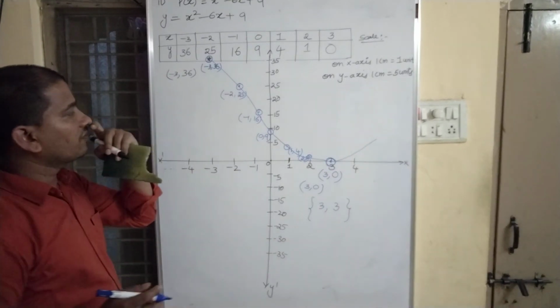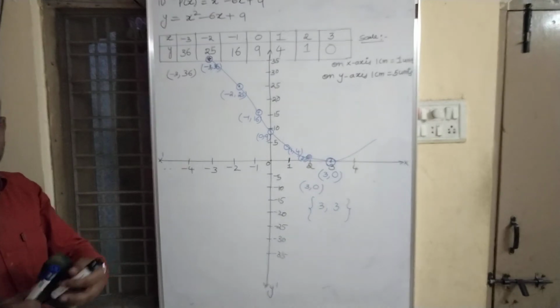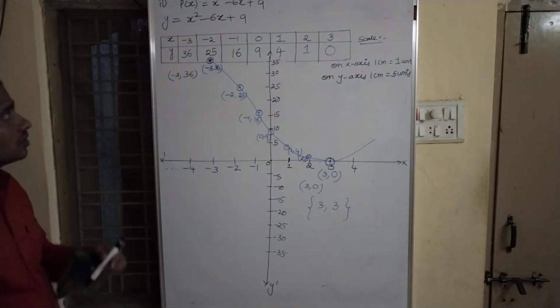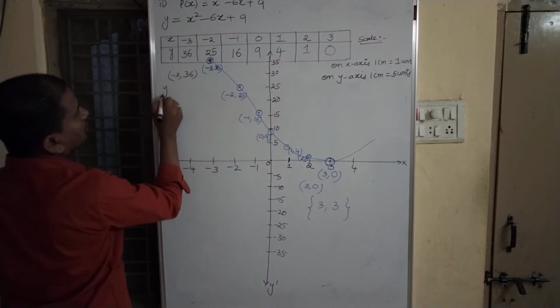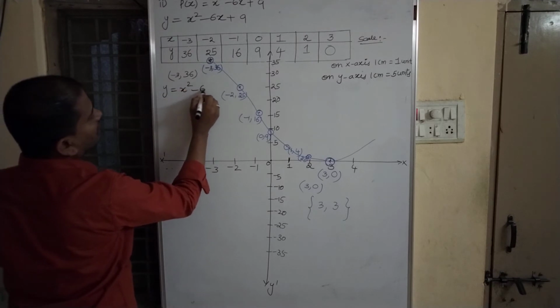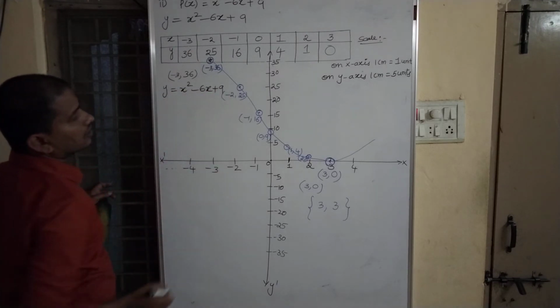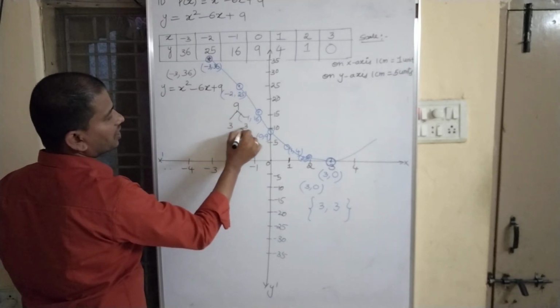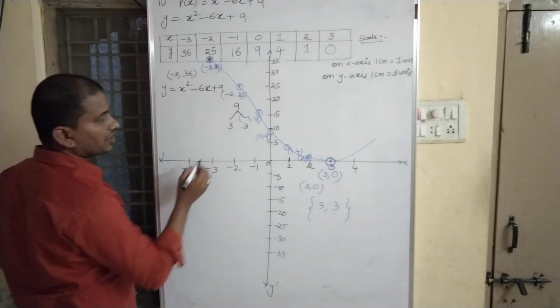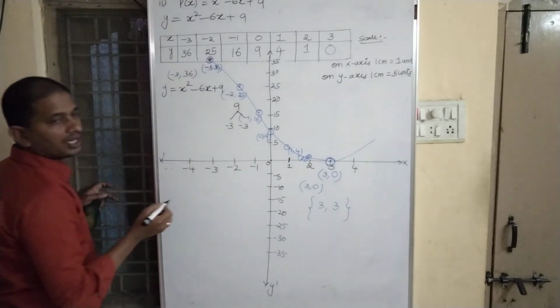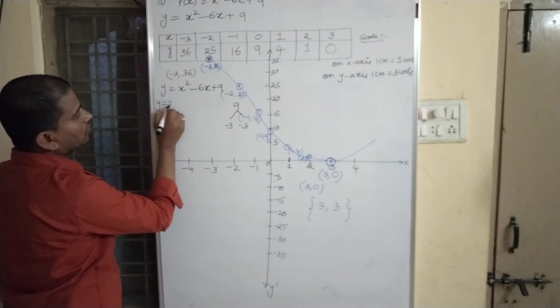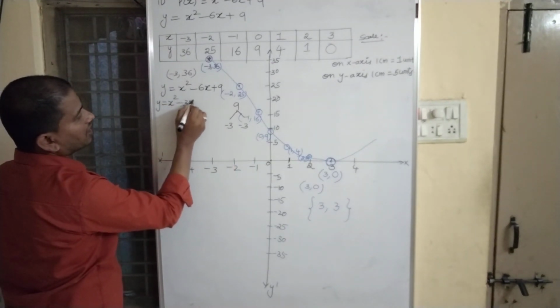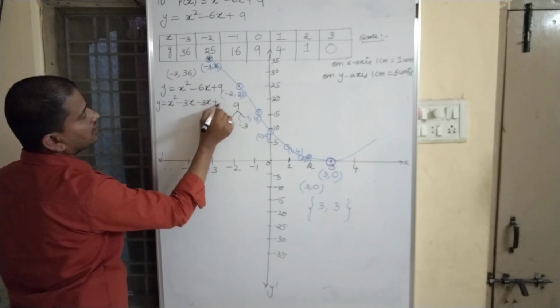Let us justify the answer by using factorization. Given polynomial is y equal to x square minus 6x plus 9. The constant is 9. The factors of 9 are 3 and 3, 3 3s are 9, so minus 3, minus 3. y equal to x square minus 3x minus 3x plus 9.